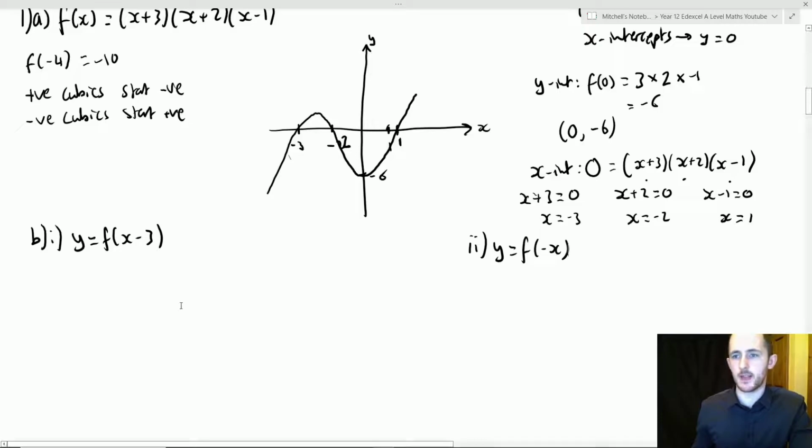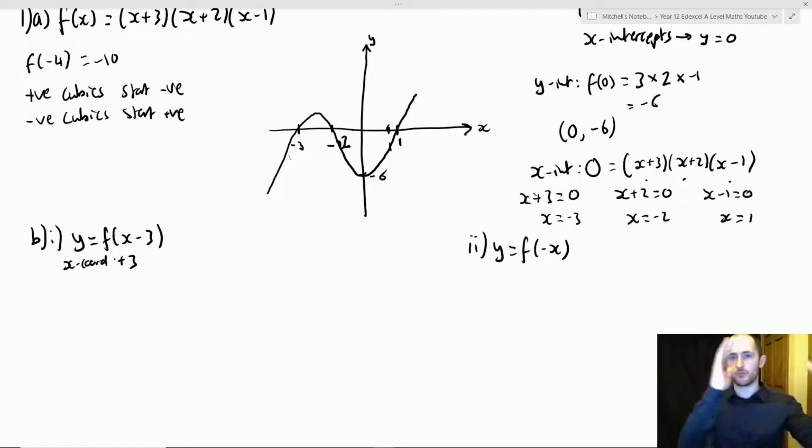So what I like to do is ask myself what's actually happening. For this first transformation, remember it's inside the bracket, which means we do the opposite and it affects x. So we're doing x coordinates plus 3. So all of these x coordinates are now plus 3. So instead of minus 3 we have 0, instead of minus 2 we have 1, instead of 1 we have 4. We're literally just dragging the whole thing across. Okay? And again for f of minus x, if it's minus x, it's basically minus 1 times x.